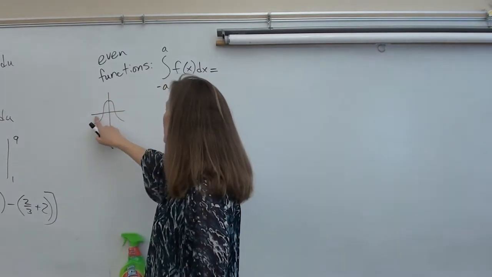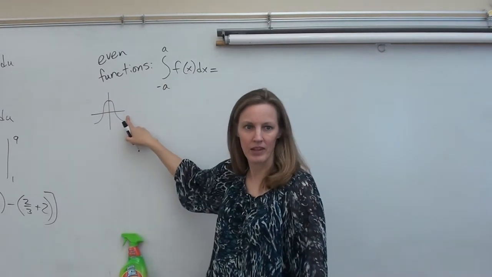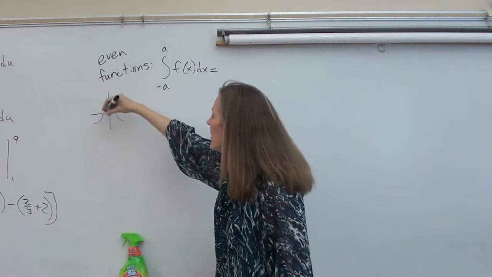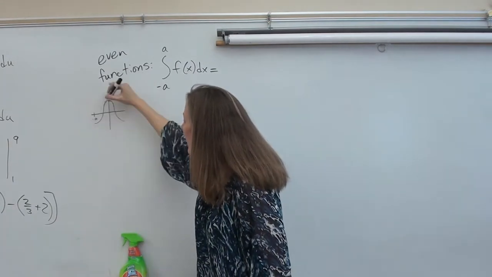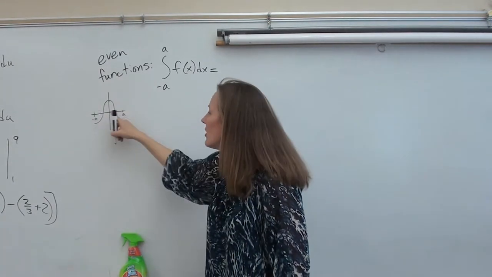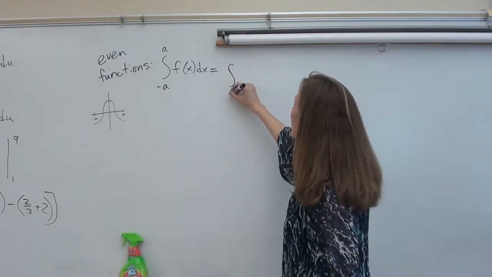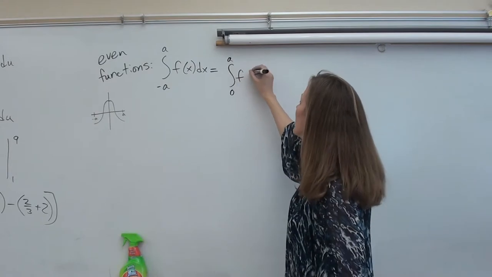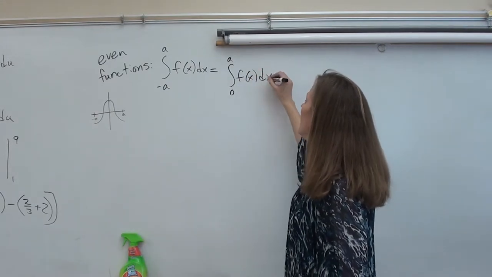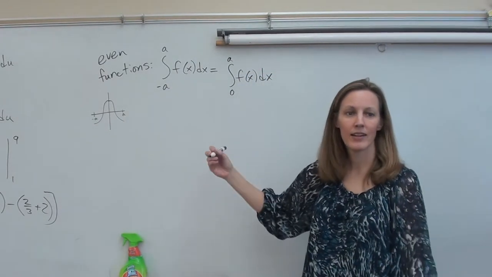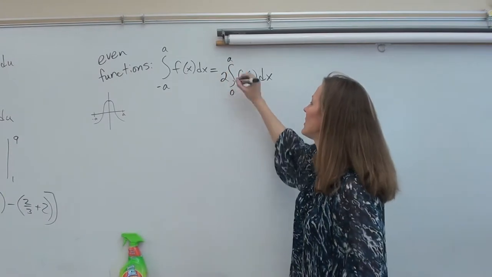So whatever's on this side is mirrored on this side. What that means is if I want the integral from negative a to a, the same point on the other side of the y-axis, well, I could just find the integral from 0 to a and multiply by 2. Double it, right?